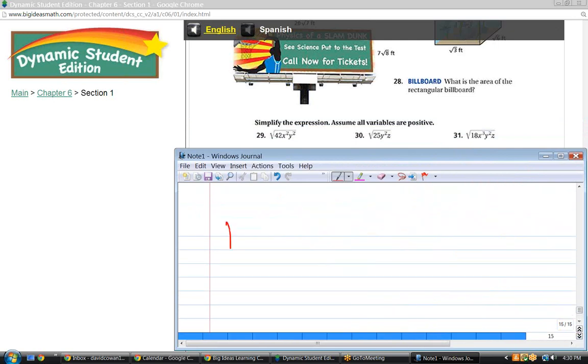Square root of 42 x squared y squared. Well, do the numbers first and the letters second.